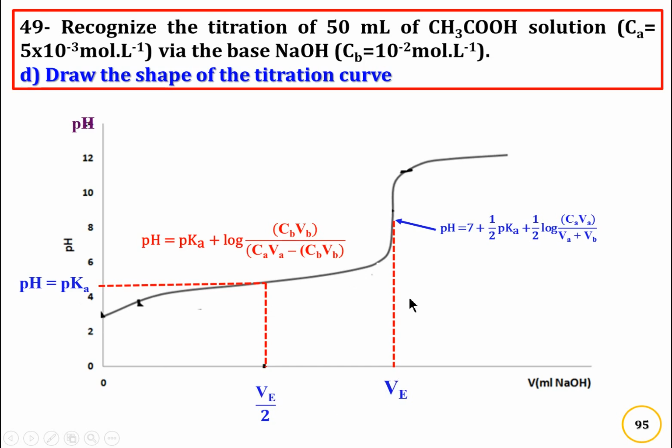So at VE, we have a basic pH, and at half equivalence, we have pH equal to pKa. Around pH equal to pKa, we have the maximum buffer capacity.